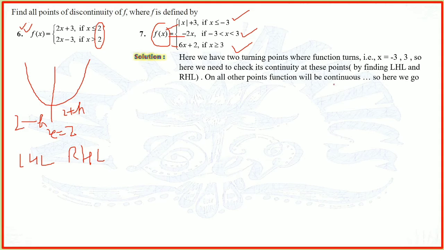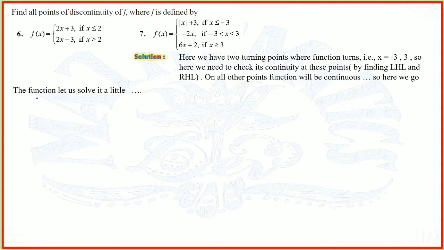So here we go for the solution. The function is actually a modulus function, so we need to redefine it a little further as per the conditions given here. So we need to remove this modulus. So f of x is equal to modulus of x plus 3 is the first function. Now, the condition given is x less than or equal to minus 3.